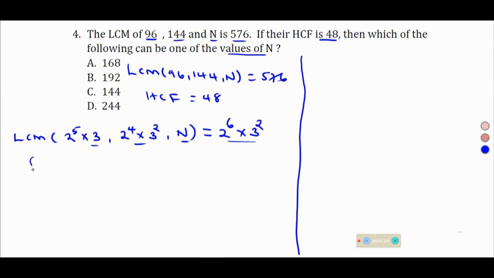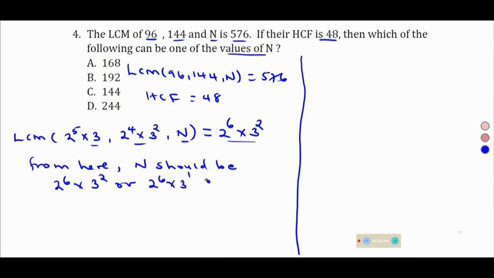Now from here we can say n can be 2 to power 6 times 3 to power 2, or n can be 2 to power 6 times 3 to power 1, or we can have n as 2 to power 6.